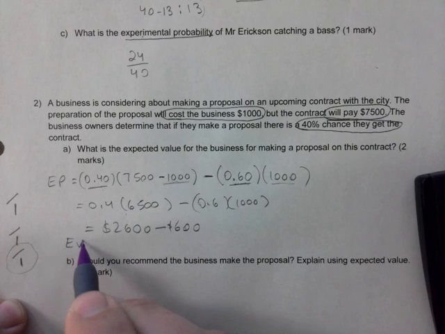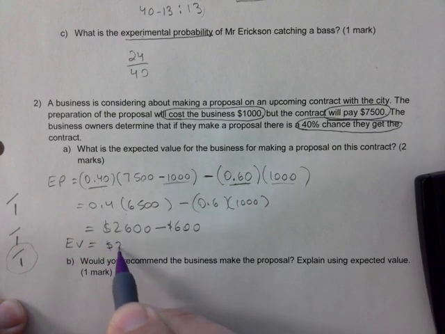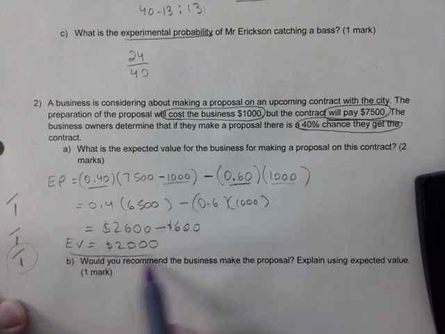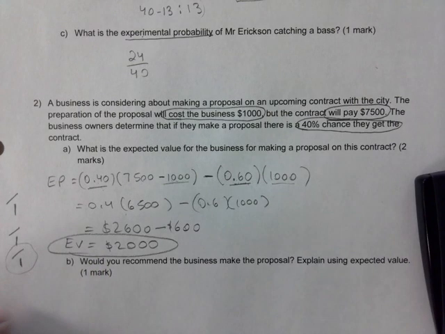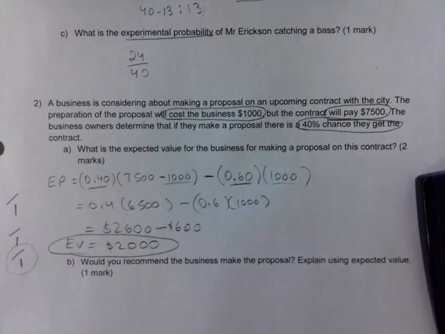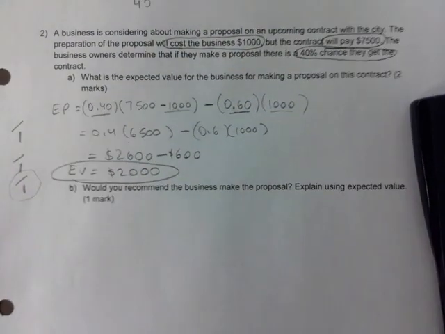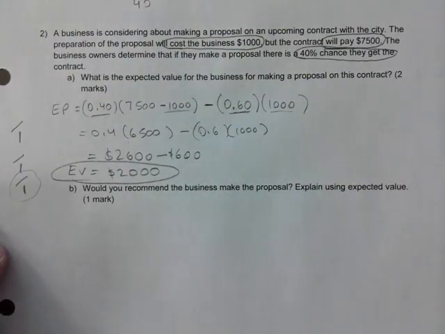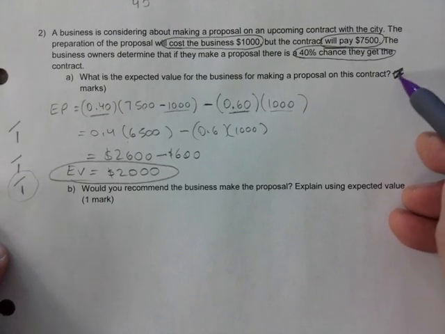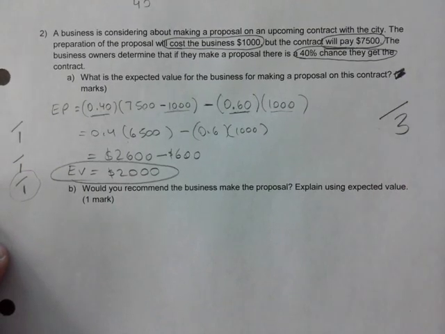So your expected value here is 2,000 positive. That's the number I'm after. If you have 2,000, you know you get 3 out of 3, because guessing this would be very difficult. So don't scratch the 2 here and just make sure this is worth 3 marks for you.